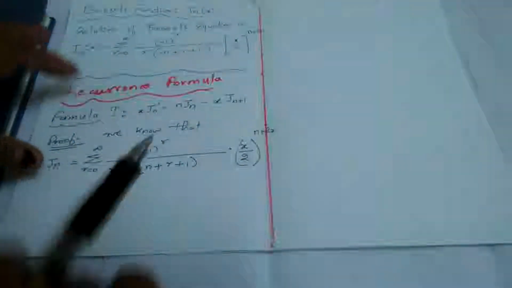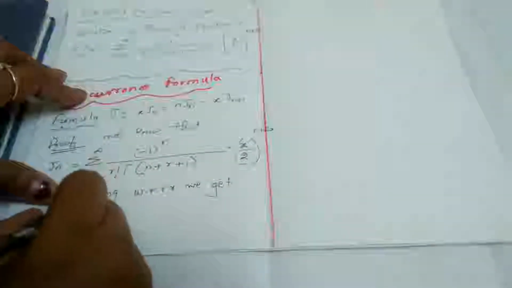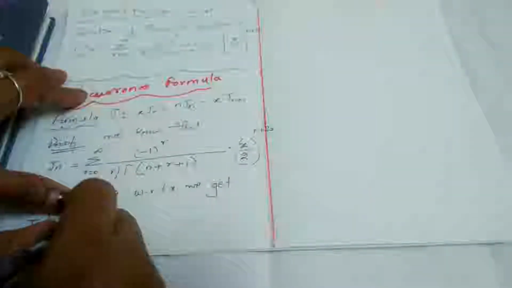Okay. Now differentiating this whole equation with respect to x, we get J_n'(x) equal to the summation of the same, r equals 0 to infinity, of (-1)^r, then the term n + 2r, since the differentiation is with respect to the power and the rest is constant.